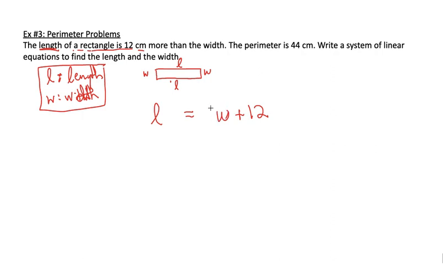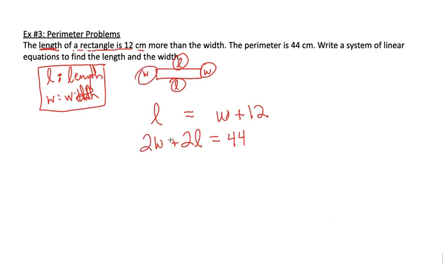Now we go on to the second sentence, perimeter. How do we find perimeter? Well, we take the width plus, wait a minute, it's not width plus the length equals perimeter of 44. It's 2 lengths and 2 widths. And that's where a lot of people make their mistakes.